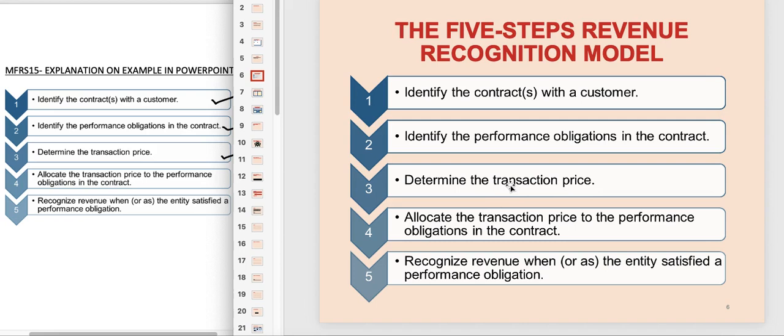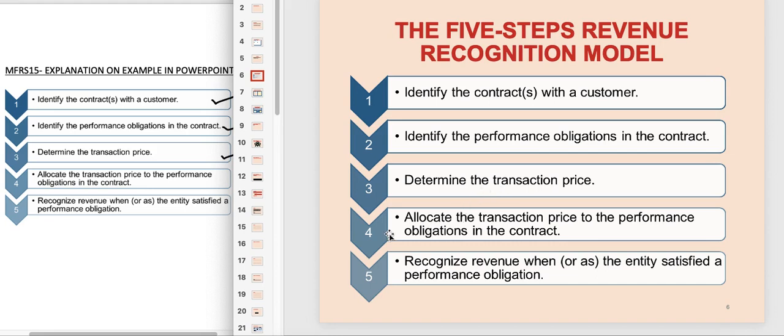That's a normal transaction in sales, but in a contract, that is not necessarily fixed at 100. The price could be determined by other factors, which is variable. When we say variable, it means that the price may be changed, it may reduce or increase.